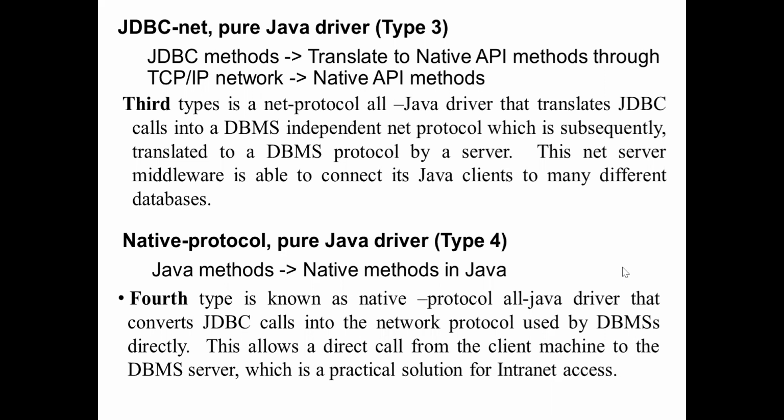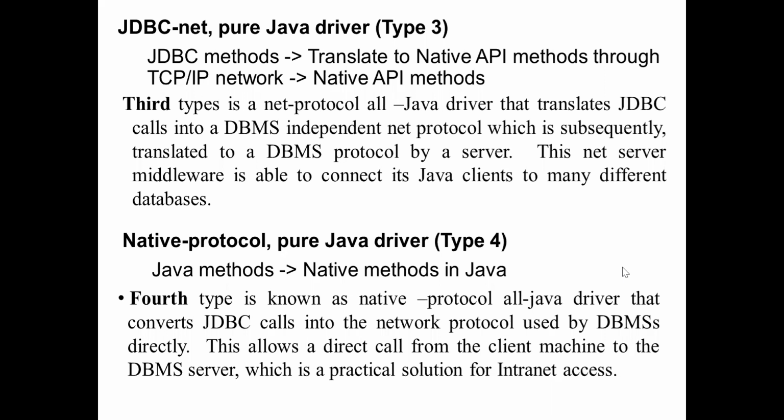This is the main important role of the Java JDBC driver, Type 3, because here any Java application driver translates JDBC calls to the database management system independently through the network protocol, and all queries are subsequently translated to the database protocol by a server.